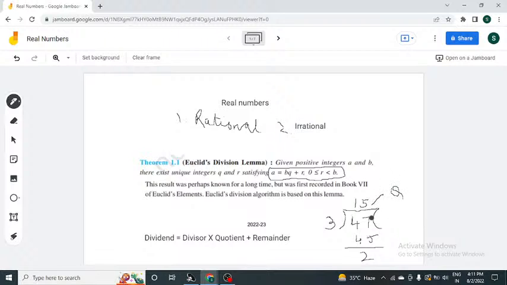So this 15 is the quotient, I am denoting it with Q. This is the divisor. This is the remainder, and this is the dividend.